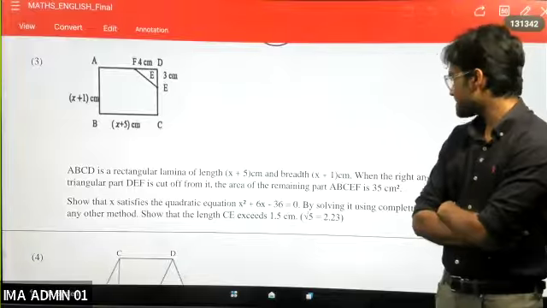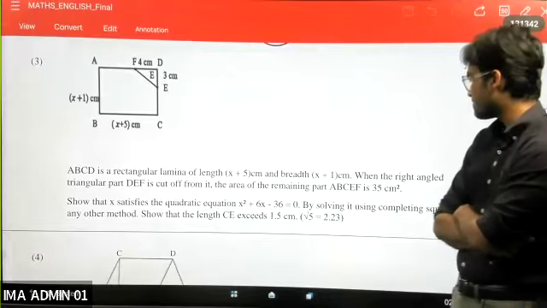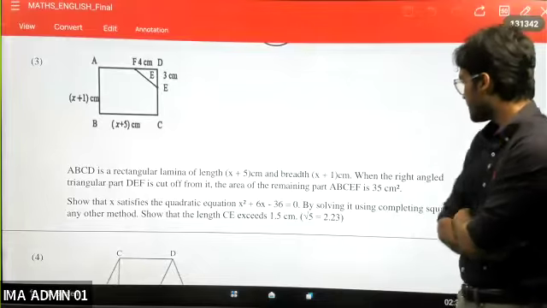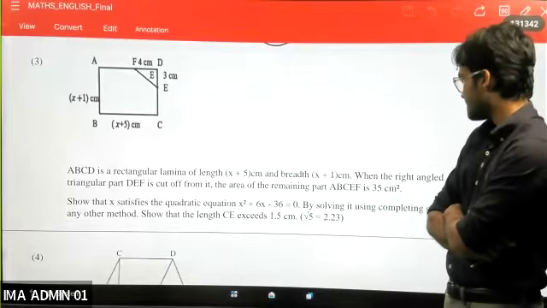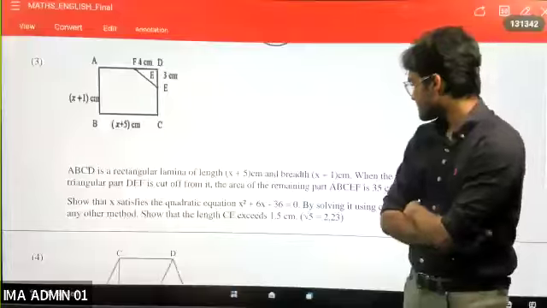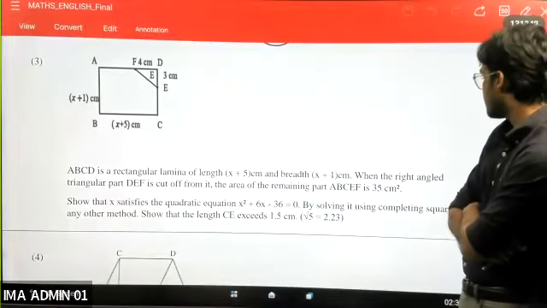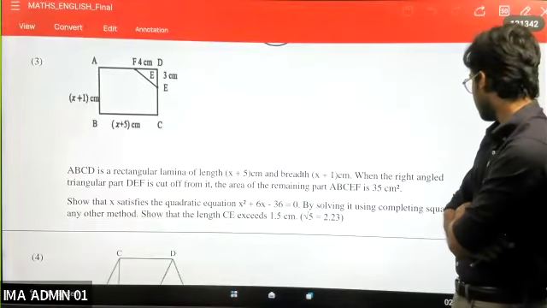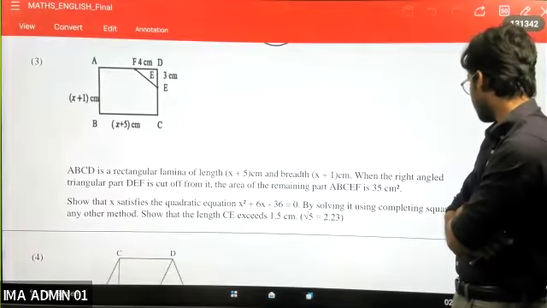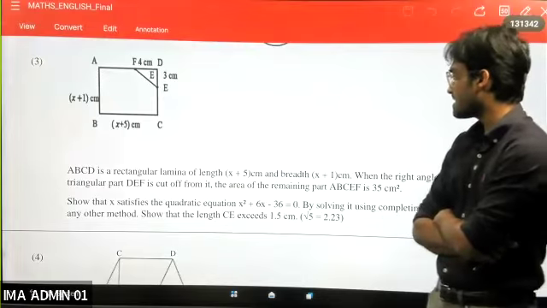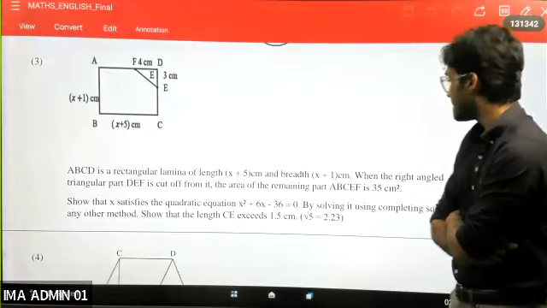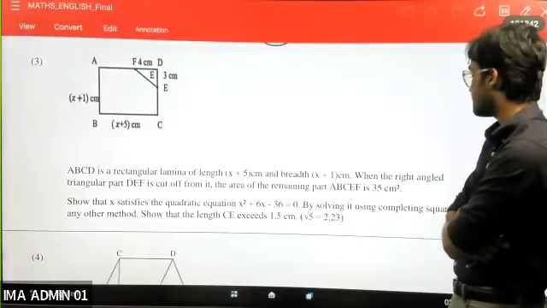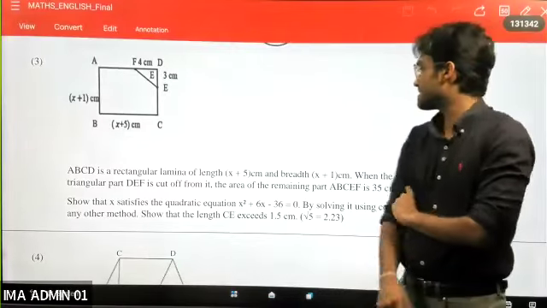Show that x satisfies the quadratic equation x squared plus 6x minus 36 equals 0, by solving it using completing squares or any other method. Show that the length CE exceeds 1.5 centimeters.